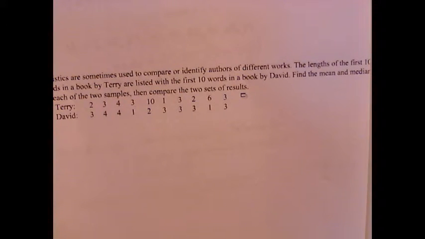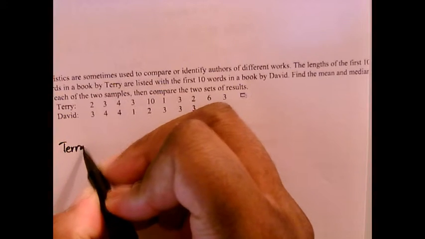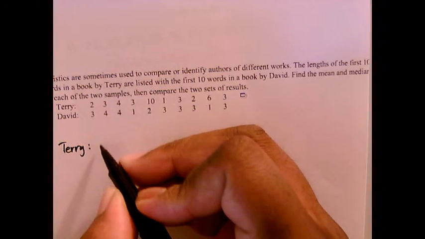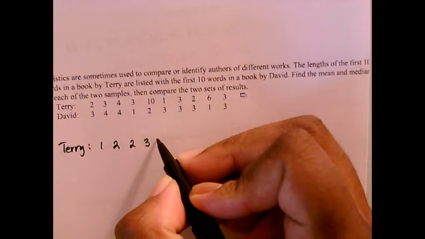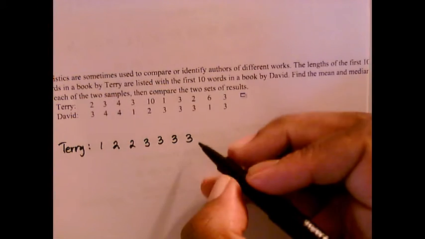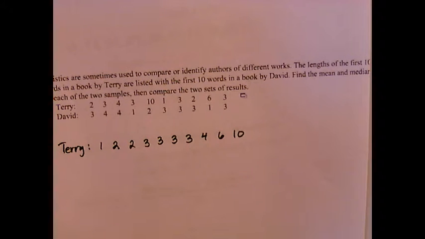So in this case here, I'm going to start off with the set of data for Terry. And I'm going to put these in numerical order. So here I'm going to have, let's say, 1, 2, and then 2, then 3, 3, 3, 3, 4, 6, and 10. Now we're only finding the mean and the median of this set of data.